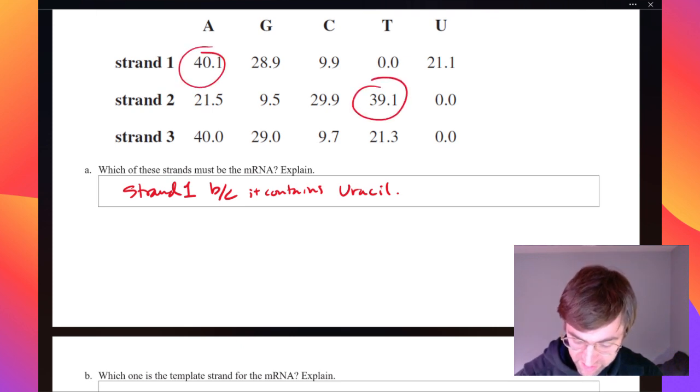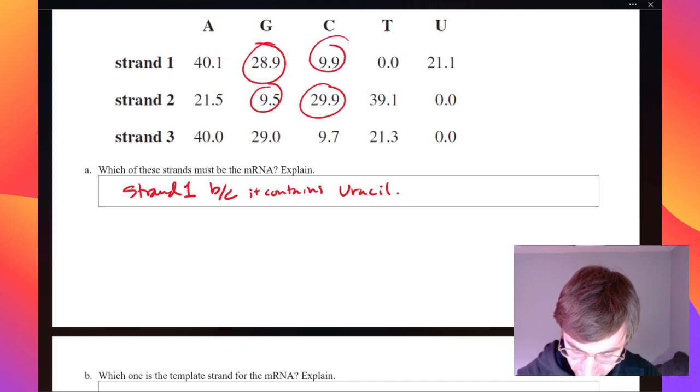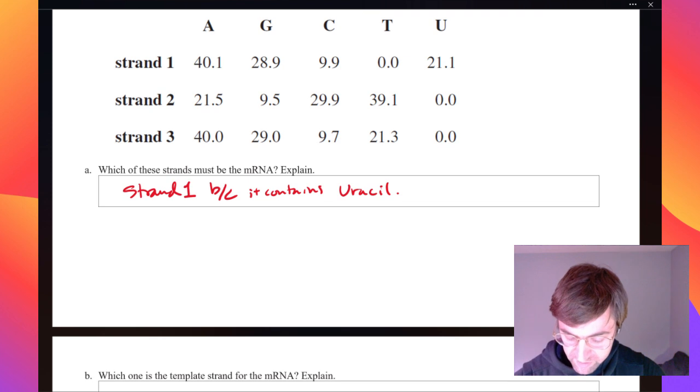So our A's and our T's are roughly equal. Our C's and G's are roughly equal. So since 2 is the complement of 1, it must be the template strand for the DNA.